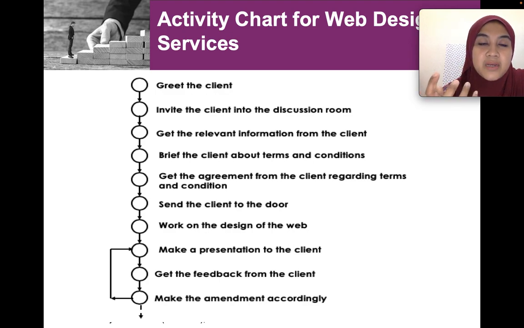So service must be operation because services go directly to the customer. So once the customer comes into your company, comes into your shop for example, that is when you start to operate. That's why under the activities chart for services, we only see the circle symbol of operation here.